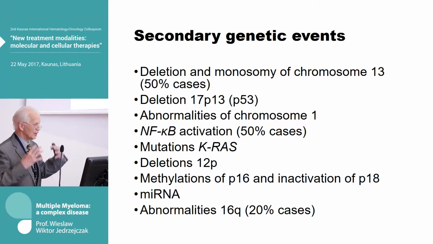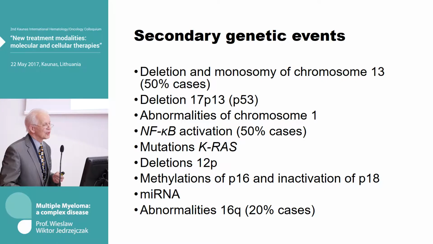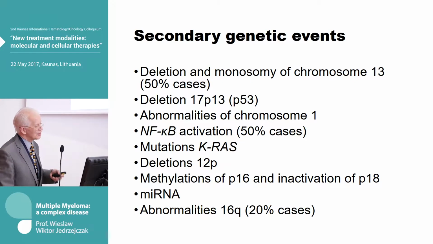So then on the background of this, we have secondary genetic events, and this is deletion of chromosome 13. Then there is deletion 17p, roughly similar to what happens in chronic lymphocytic leukemia, and it also worsens prognosis when it occurs. Abnormalities of chromosome 1, NF-kappa B activation, KRAS mutation, deletions, and so on.